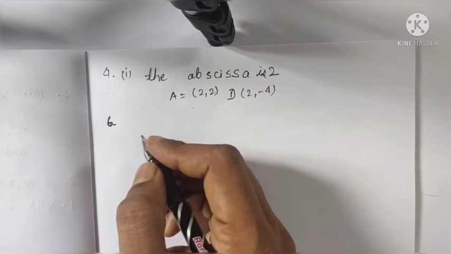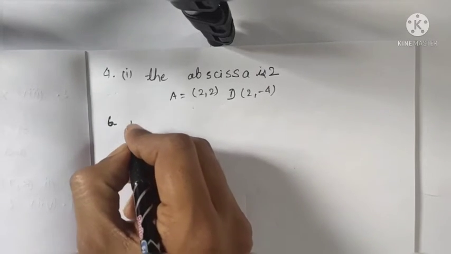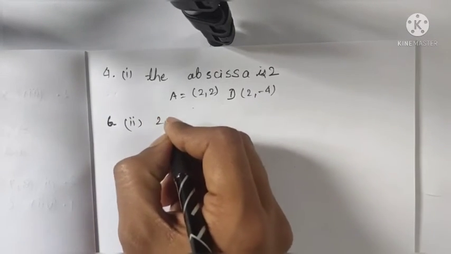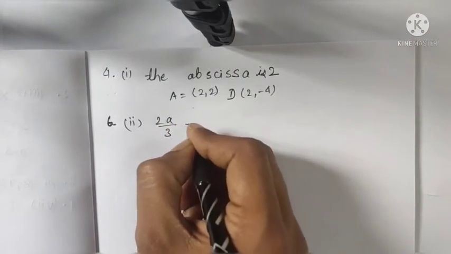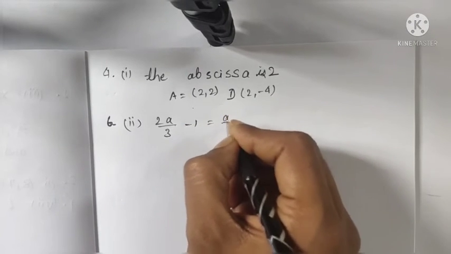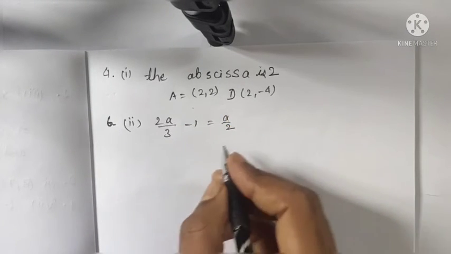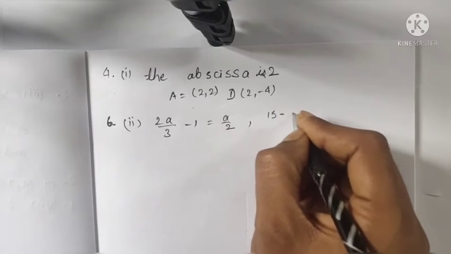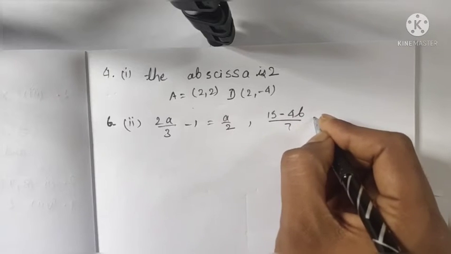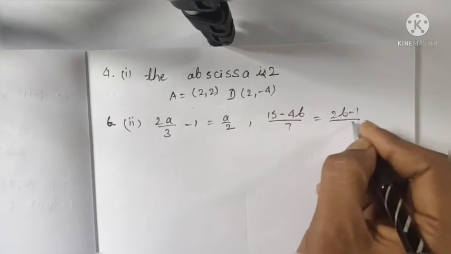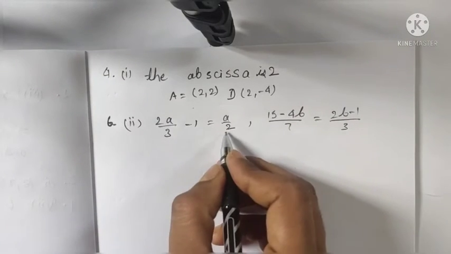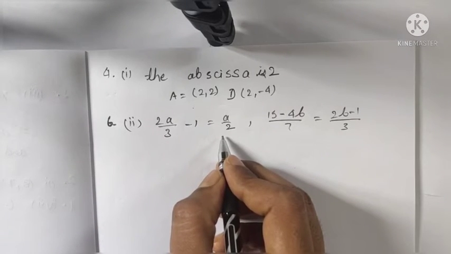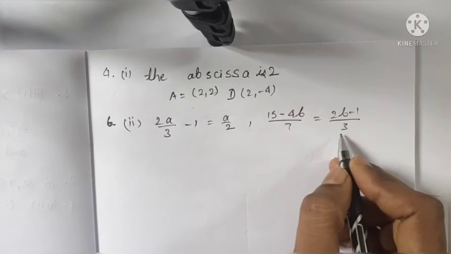So we are going to solve question number 2 of question number 6, which is 2a/3 - 1 = a/2, comma, 15 - 4b/7 = (2b - 1)/3. So now we are going to solve this equation as well as this equation, and it is said that the solution of this equation is abscissa and the solution of this equation is ordinate.